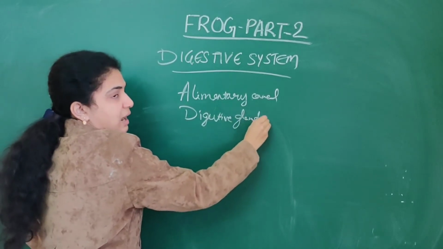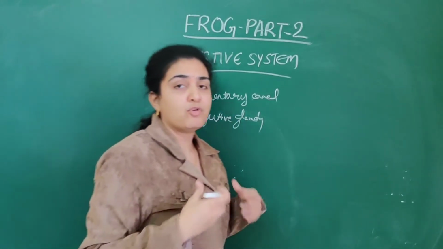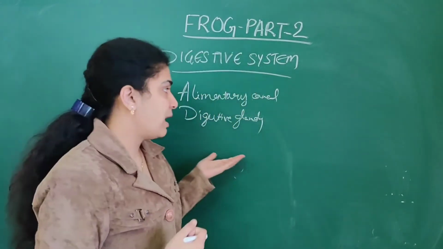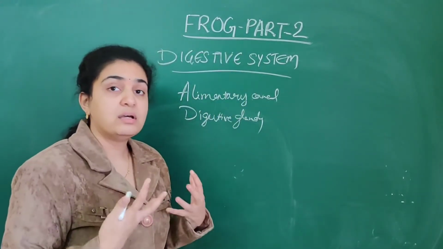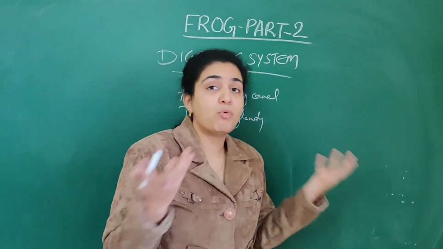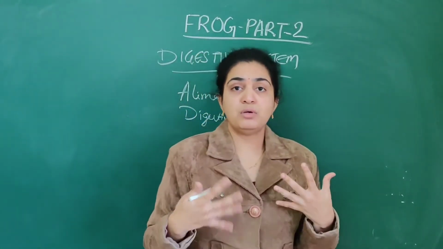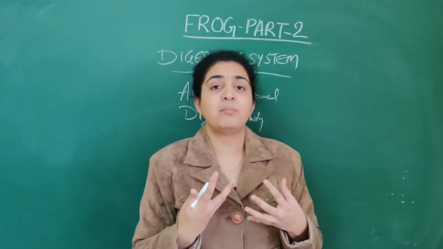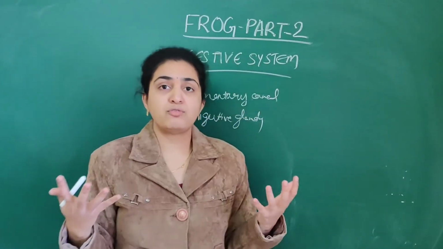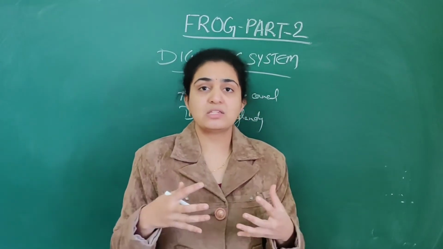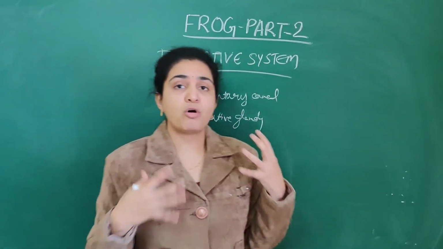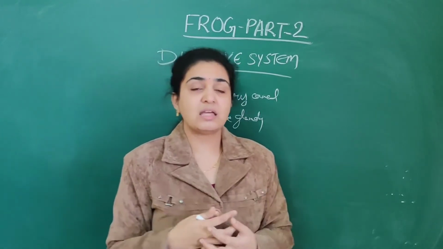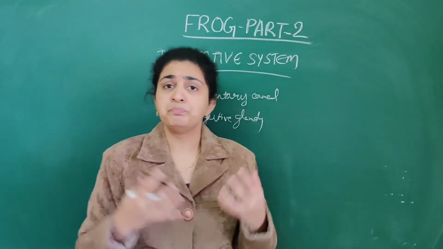As the frog is a carnivore, which means it eats all fleshy food, the digestion process should be more developed, just like our digestive system is complicated and developed, because whatever food we eat should be digested properly. That's why for the frog also the alimentary canal as well as its associated digestive glands are more developed.